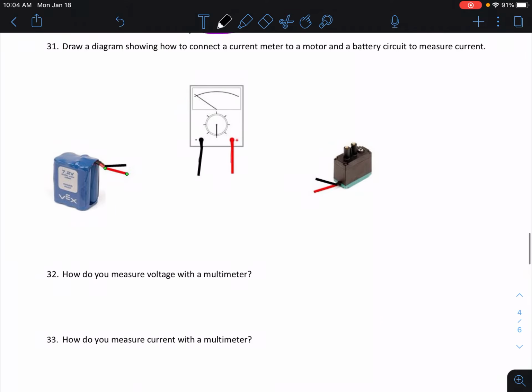The next one is, draw a diagram to show how to measure the current. With the current, we want to make the meter part of the circuit. So you're connected here, just like that. The electrons, the electricity, are flowing right through the meter.